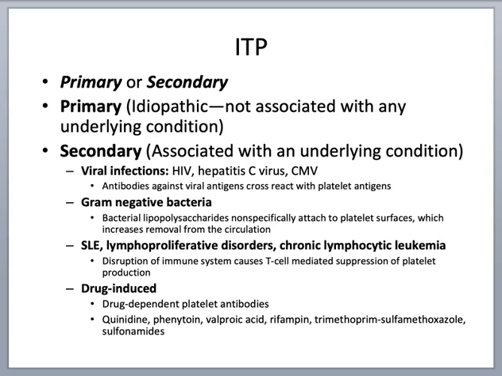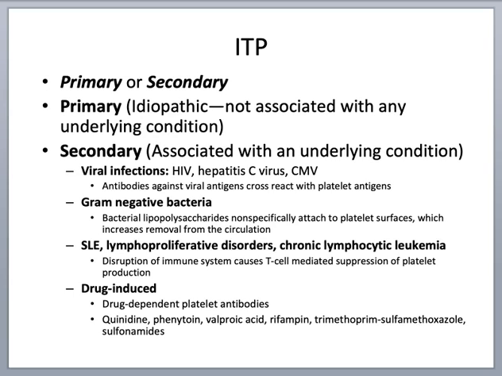In the case of viral infections, this is a case of mistaken identity. Antibodies against viral antigens cross-react with platelet antigens and coat the platelets, and so on. With gram-negative bacterial infections, the bacterial lipopolysaccharides nonspecifically attach onto platelet surfaces, which also increases their removal from the circulation.